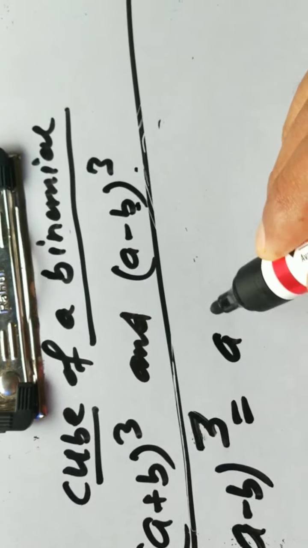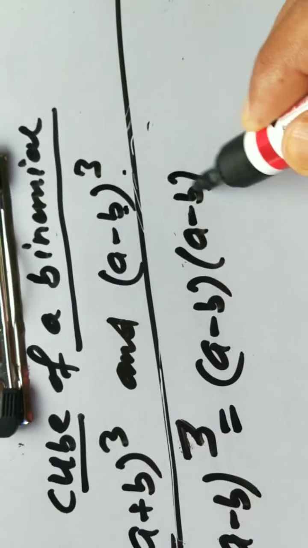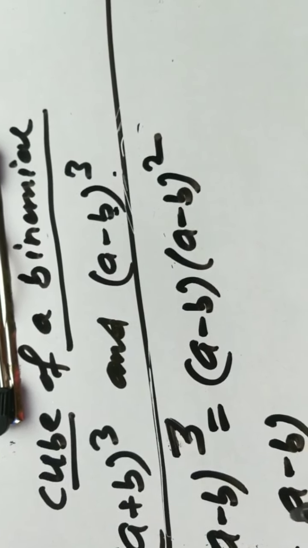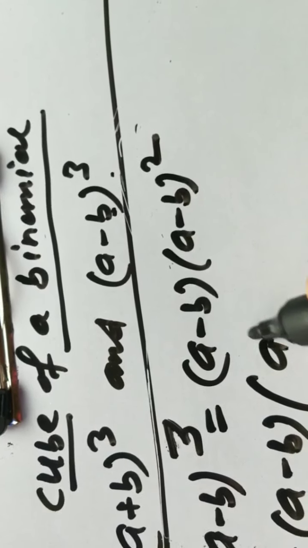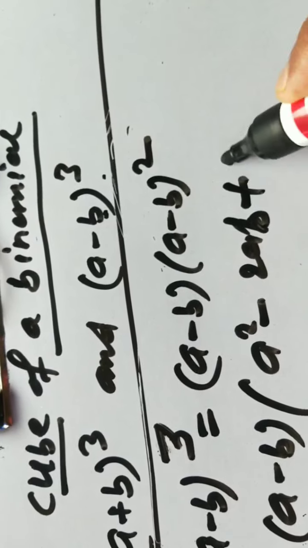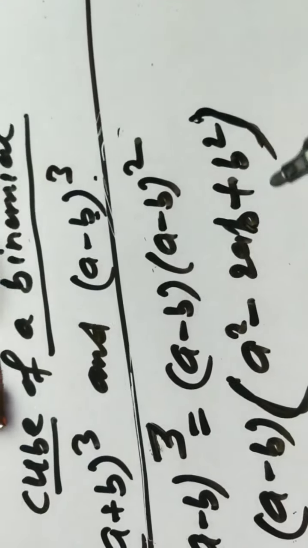It will be written as (a − b) and (a − b)². So it will be equal to (a − b) and a² − 2ab + b². Now let us multiply it.